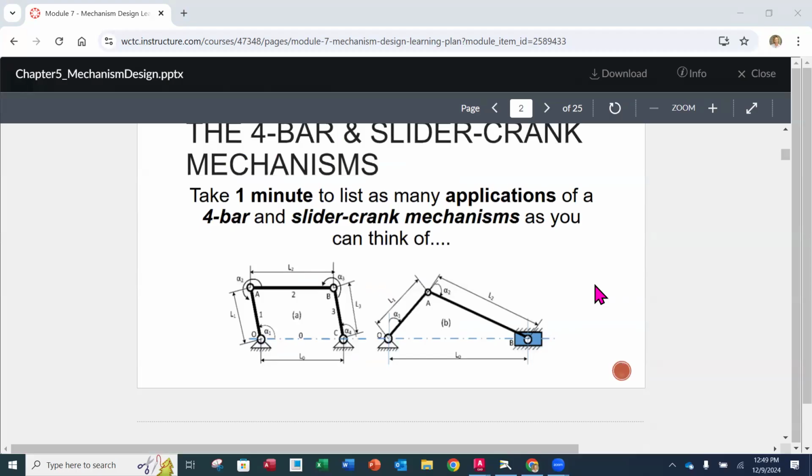There's not a minimum number here. It's just to jog your memory for some applications of these 4-bar mechanisms and slider crank mechanisms that we've been looking at.